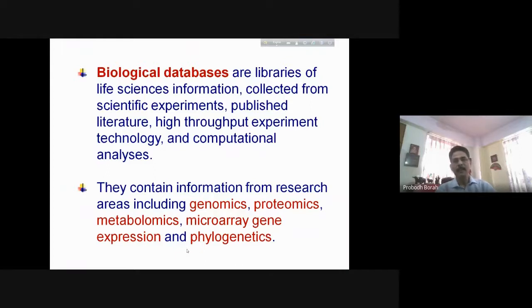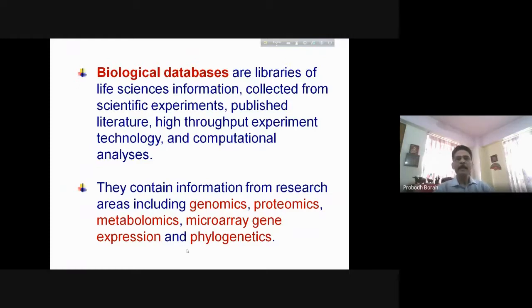And thereafter, they tried to develop certain computational methods or tools so as to analyze the complex data derived out of these experiments. And that has initiated the process of emergence of the field of bioinformatics, as we discussed earlier.